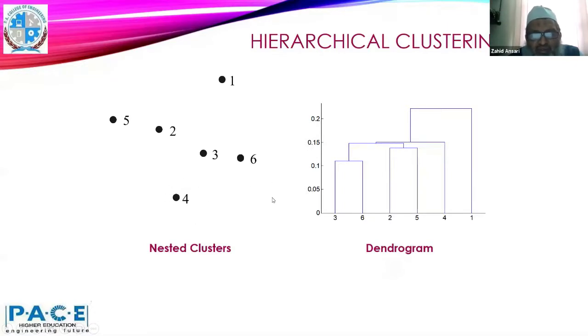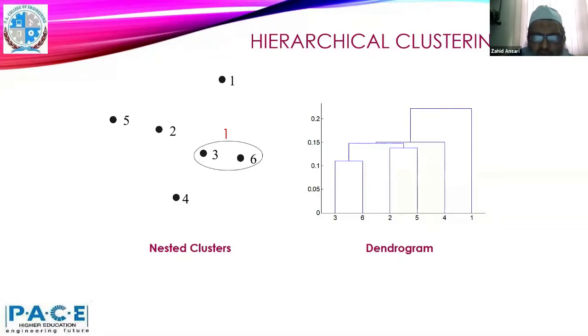Now which two are the closest? If we look, 3 and 6 are the closest over here. Based on the single link, the closest point is only one point, so their distance is this. So we merge them. So this became one cluster, and all others are separate clusters.